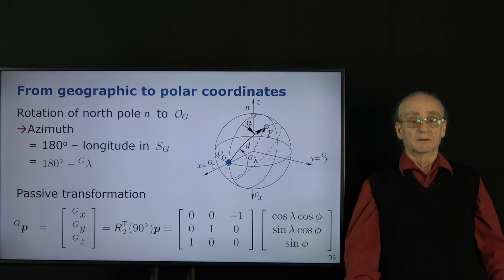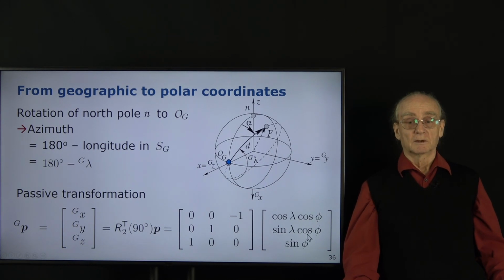Now, this is the passive rotation because P is not moving. It's just the coordinate system which is moving. So we have to multiply the coordinates of P with the transposed of the rotation around 2 with 90 degrees. So we take the description of the point in geographic coordinates, depending on lambda and phi, actually these are the Cartesian coordinates, and multiply that with this rotation matrix.